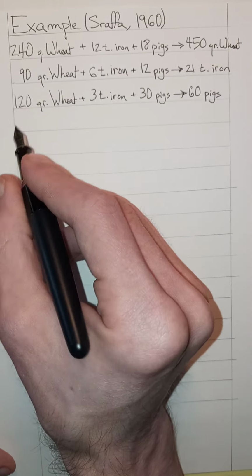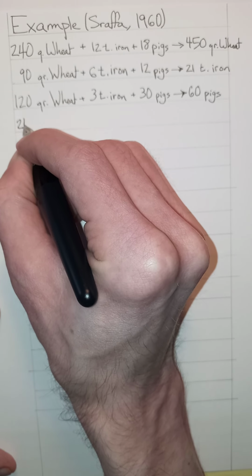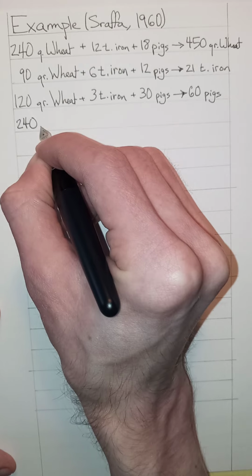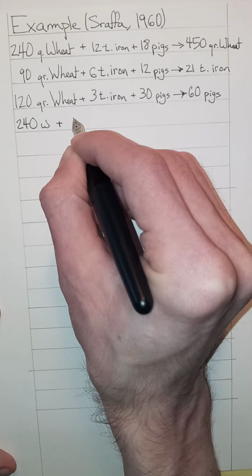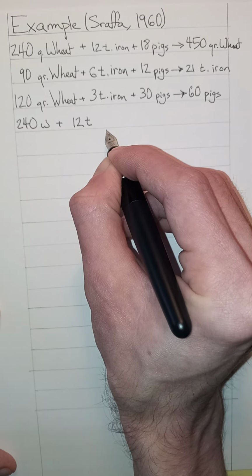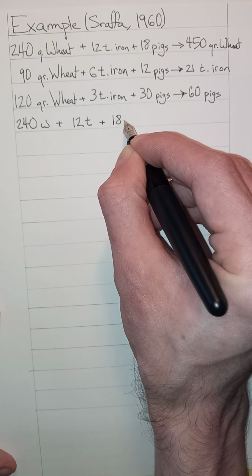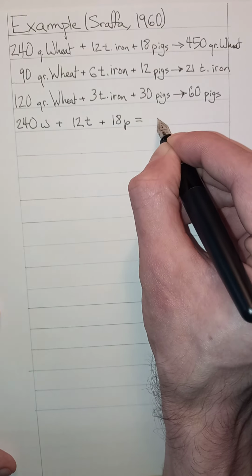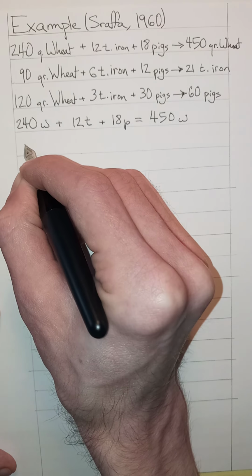Now we can transform this system of equations to describe the prices. So 240W, the value of 240 quarters of wheat, plus the value of 12 tons of iron, plus the value of 18 pigs is equal to the value of 450 quarters of wheat.